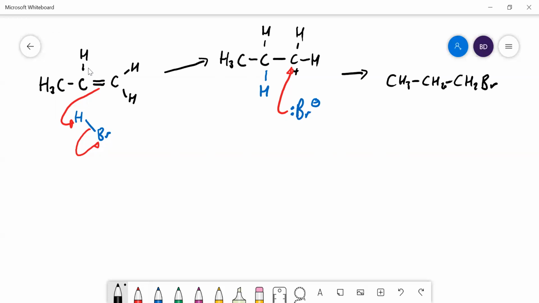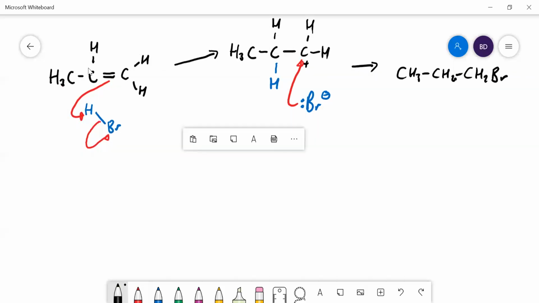Let's have a look at this one here. We're going to have the hydrogen sticking onto the other carbon, so we're going to get CH3. That's going to be a carbocation now, because the hydrogen is sticking onto this carbon here.